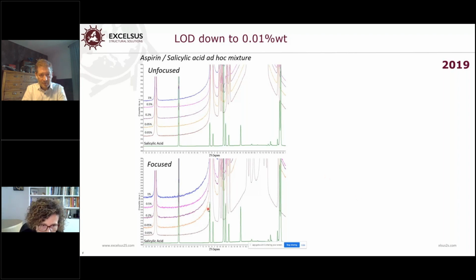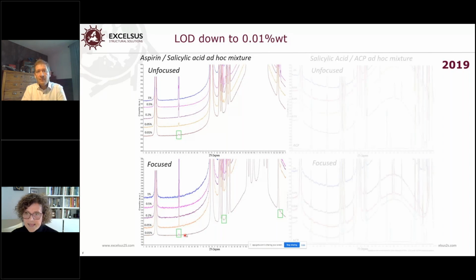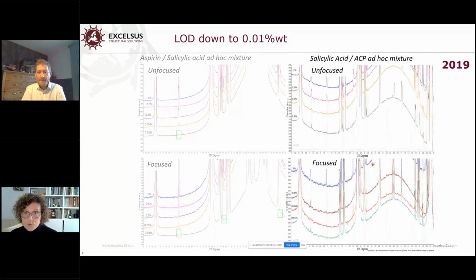So here, if I remove the reference, you see that in unfocused or classical optics conditions, we were able to detect only one of these peaks at those very small percentages, but more than one in these. And then here in this other example, it was even more striking, because in unfocused conditions, we could not reach anything below 0.1%, but in focused conditions, we were able to detect several peaks at 0.01% in weight. So it means 10 times better.